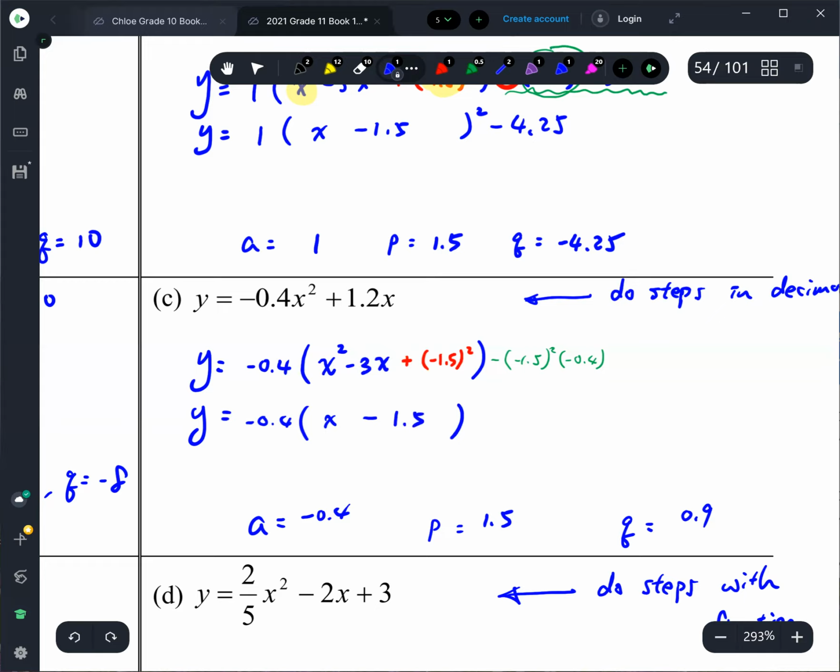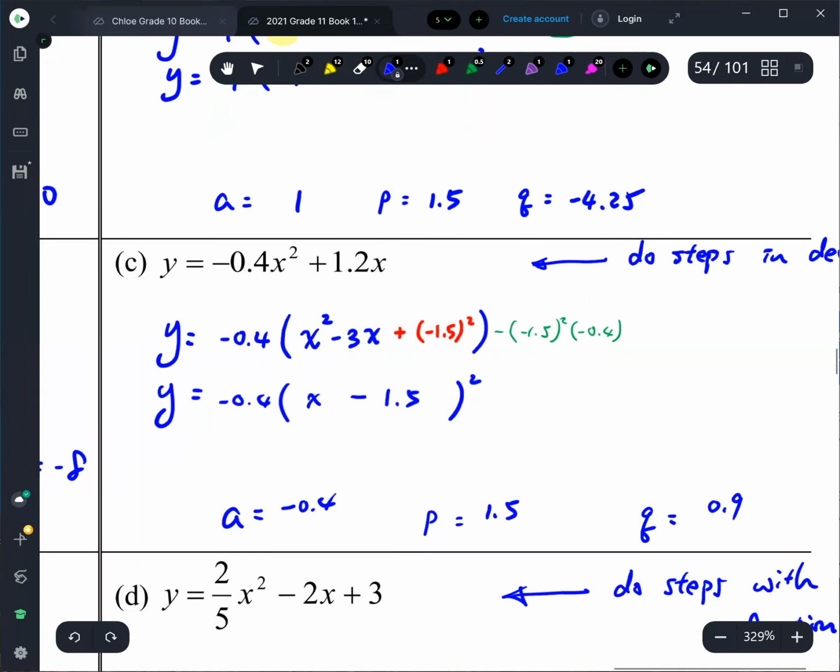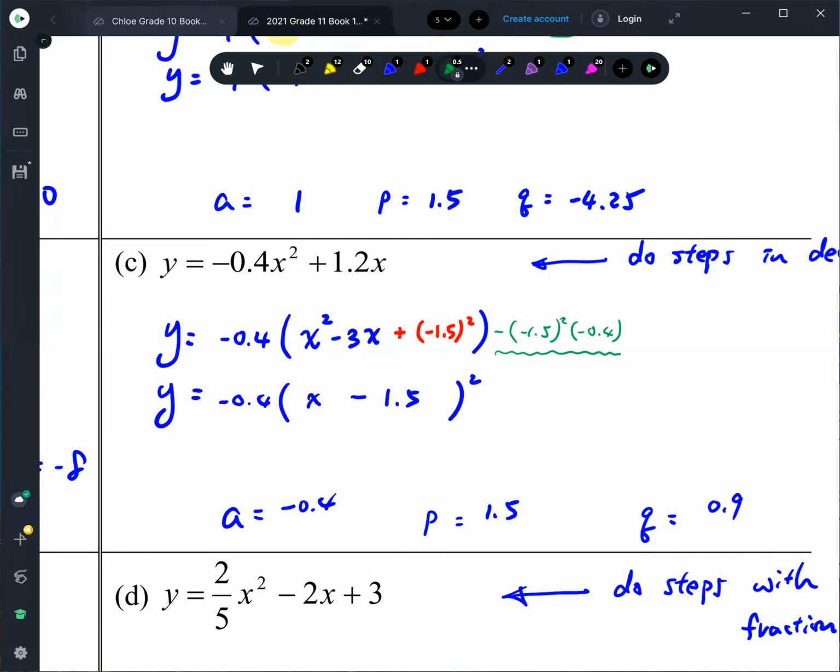And then bracket squared. And then, what is that? Yeah, type it into your calculator. And then plus 2.25.